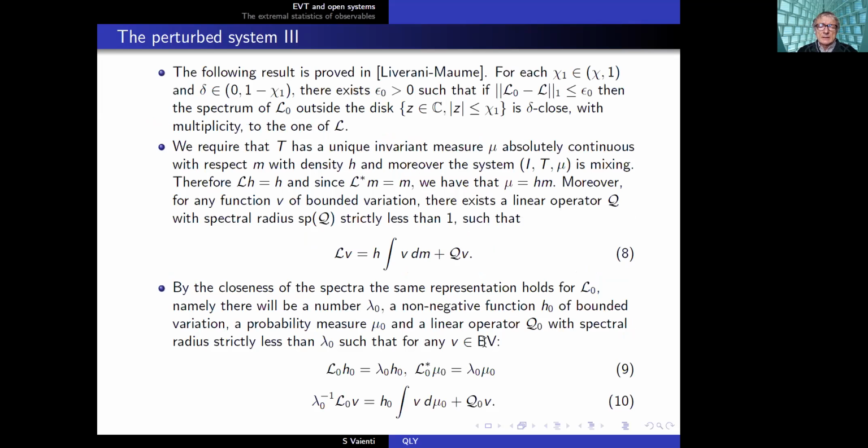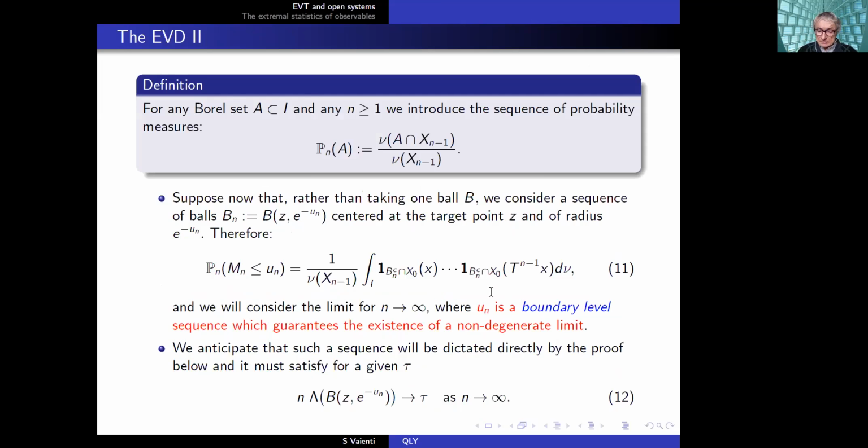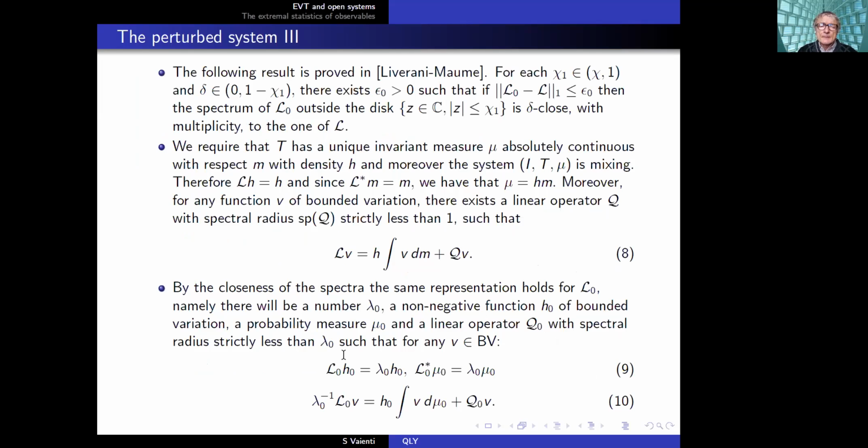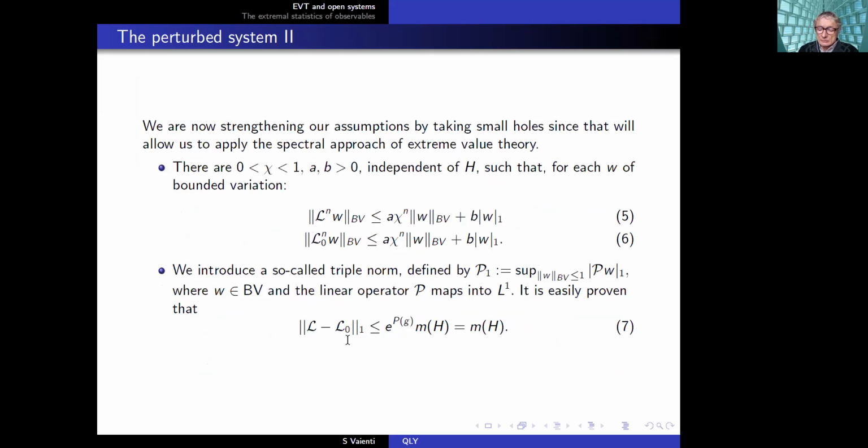And still it is not time to introduce the extreme value approach. One more fact is the following. Once we have these inequalities and once we have these operators close to each other, we can have the following representation for both the operators, either L and L naught.